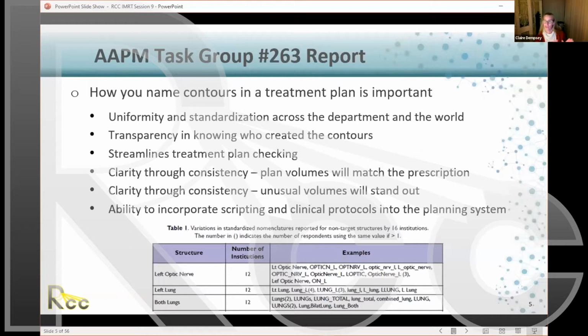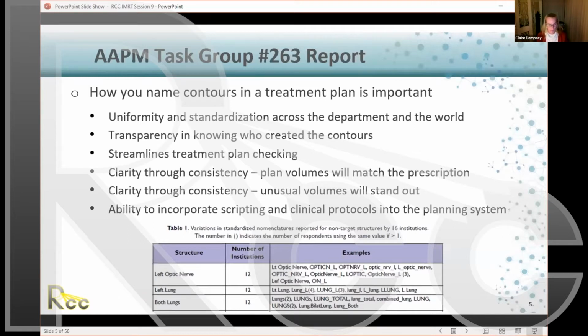If a radiation oncologist writes a prescription for a volume, and that volume isn't even in the plan, how do you know you're actually giving what the radiation oncologist intended to that patient? Also, through consistency, any unusual volumes, things that aren't standard or organs at risk that you don't generally do for your treatment plans, will be more obvious to the team in the department as well.